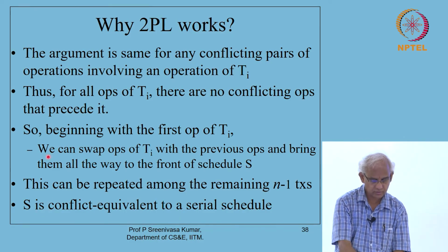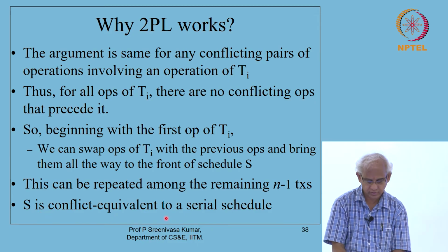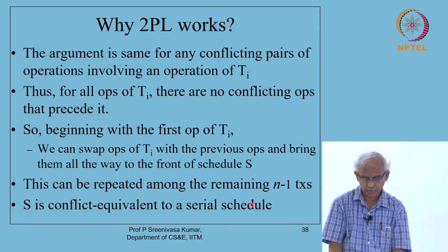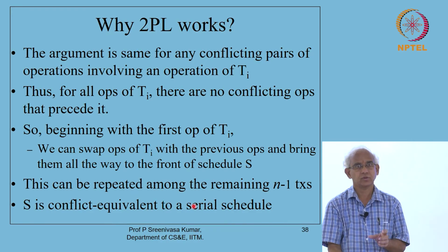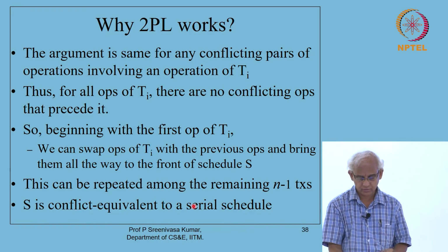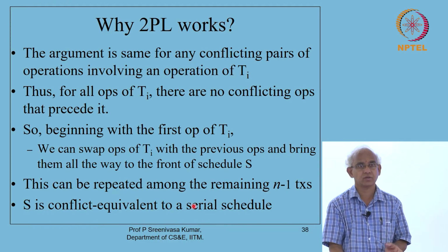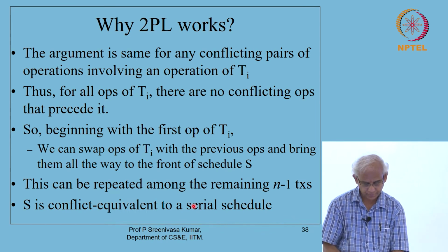So yes, the schedule that we started off with is conflict equivalent to this particular serial schedule, where operations of Ti come first, and then the operations of the other transactions, in which the second one will be the one that has issued the next unlock first, and things like that.